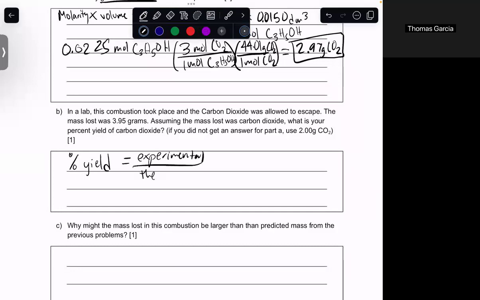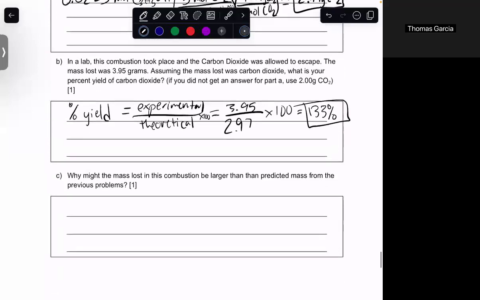Our experimental showed 3.95 times 100 because it's a percent. Our theoretical was supposed to be 2.97. Multiply that by 100, and we get a percent yield of 133%.